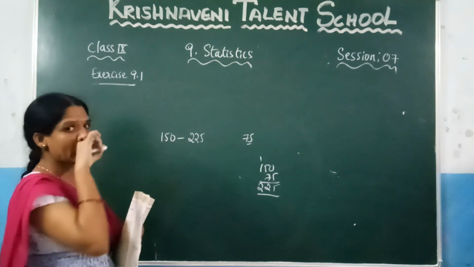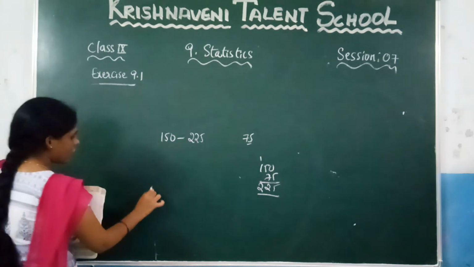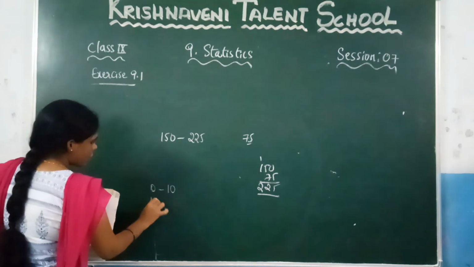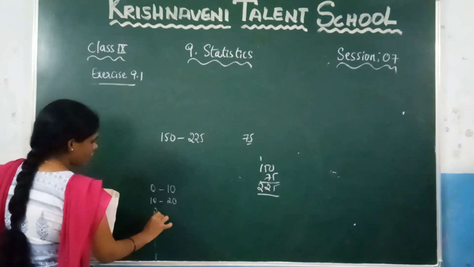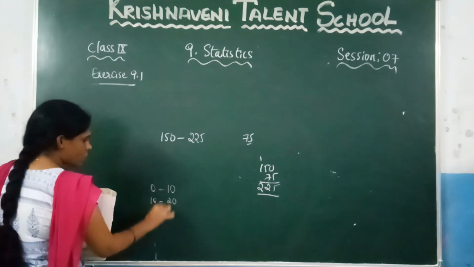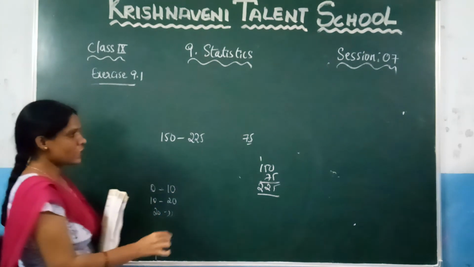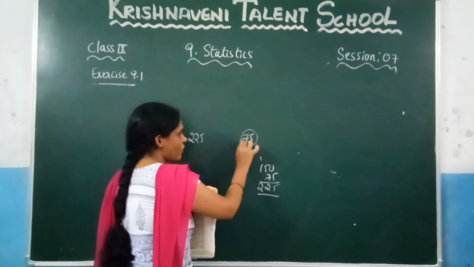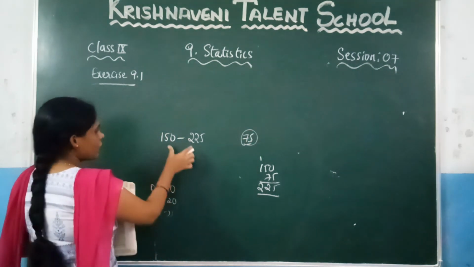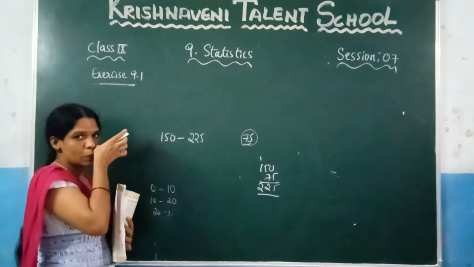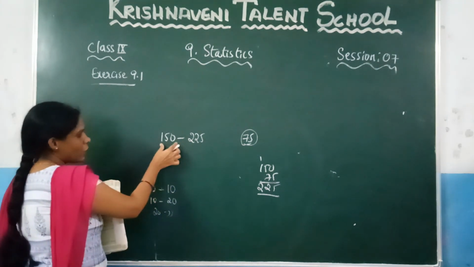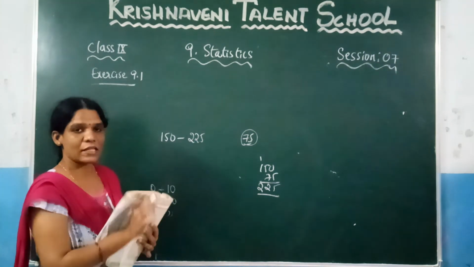In the previous question you can observe that you take it in the form of 0 to 10, 10 to 20, 20 to 30. Here they did not specify the class size. Here they have specified the class size as 75. So in between these two values, the difference between the upper limit and the lower limit should be 75. That is the meaning of that.